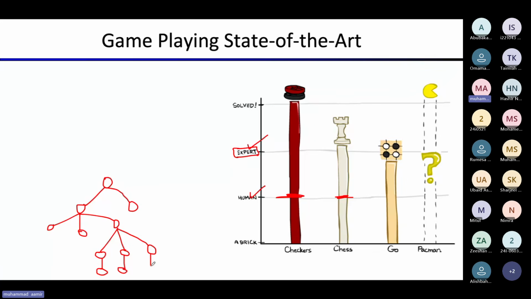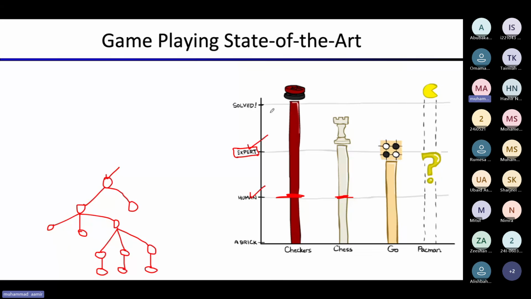A human, when we are at this stage, in the very first stage, can see a limited number of next possible options. Human can think of, okay, if I take this move, and next I will take this move, and next I will take this move. So a human can foresee maybe the next two or three possible moves.